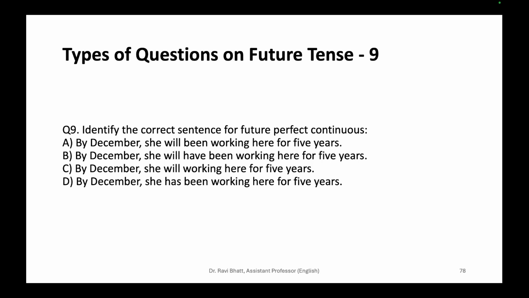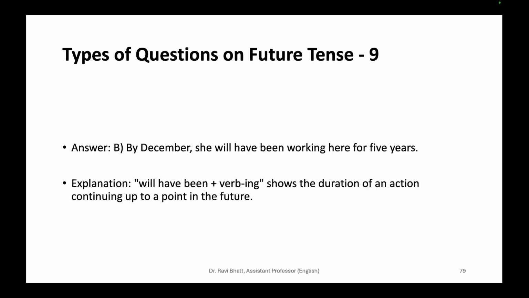So the right answer, I don't think it will be very tough to guess. By December, she will have been working here for 5 years. So I'm referring to an action in the future, that is, an action in December.